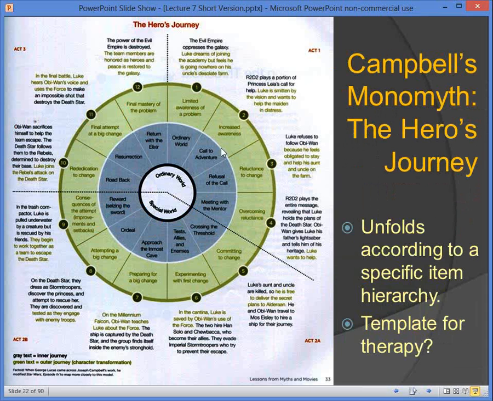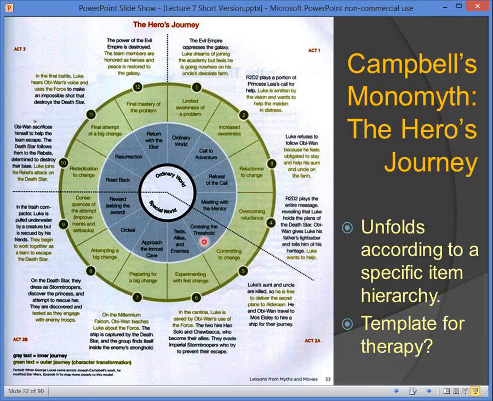He says that every hero's journey follows a particular order, and later on when you're looking at the slides, you can see how this monomyth actually applies to Star Wars and can be used to explain why Star Wars was so successful.